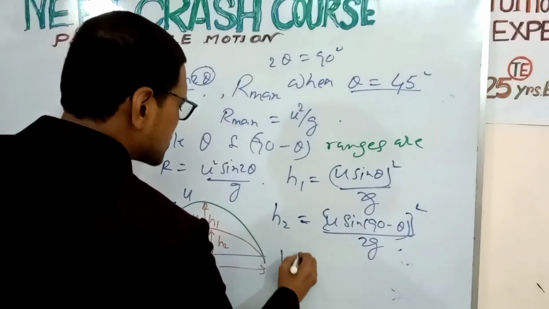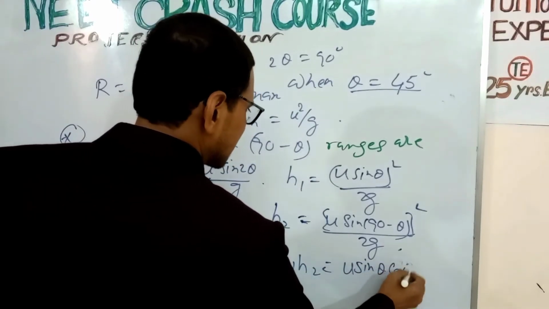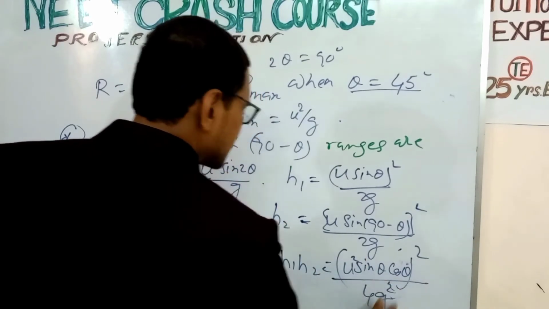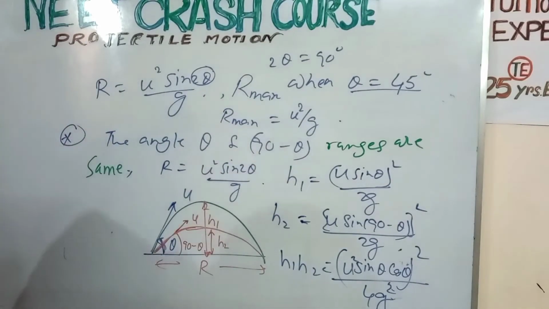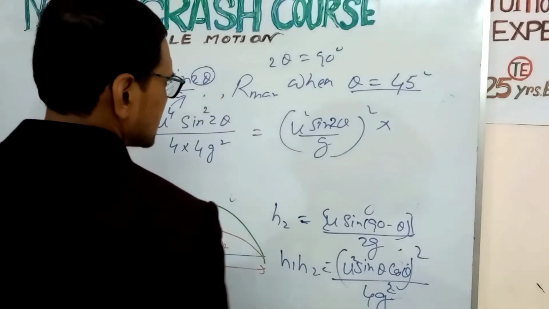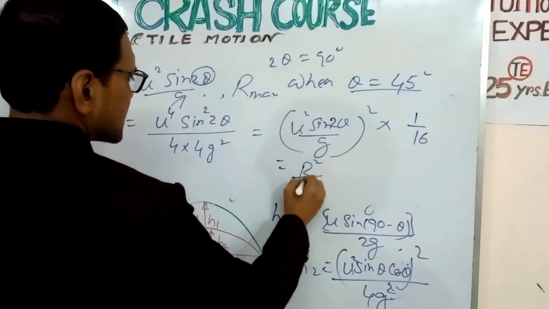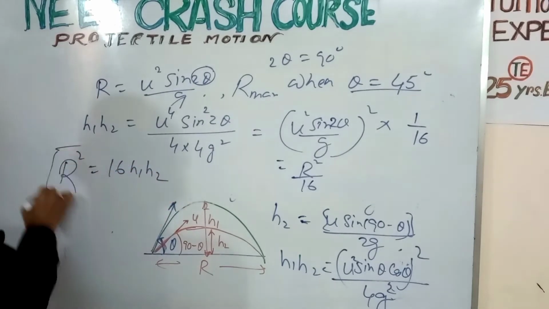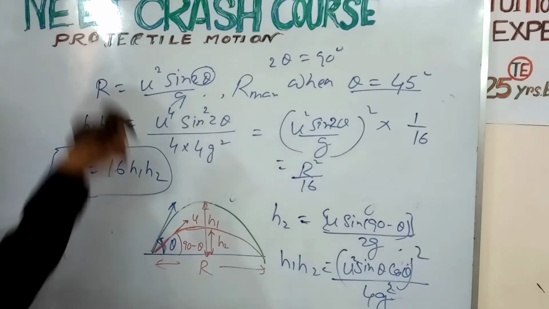Now what is the result? h1 h2 equal to u square sin theta cos theta whole square by 4g square. This is h1 h2, and the range equal to this. So there is a relation between h1 h2 and r: sin 2 theta whole square by g into 1 by 16. So this is r square by 16. So r square equal to 16 h1 h2, this is one result.